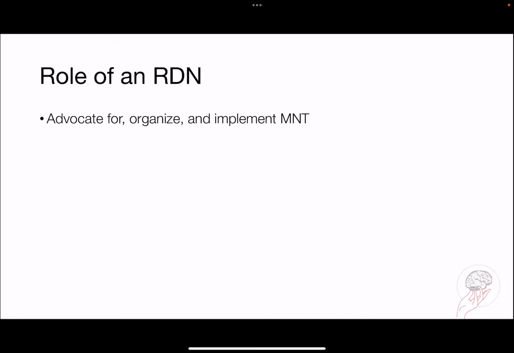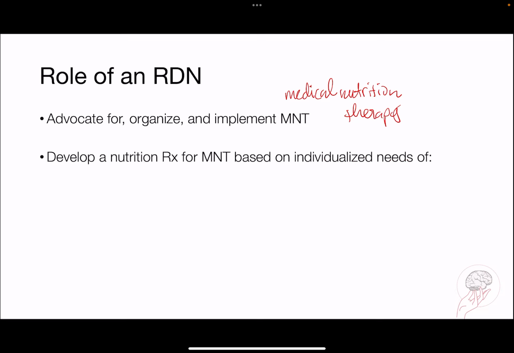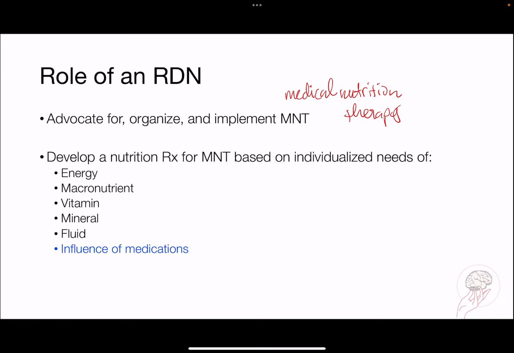Your role as an RDN is to advocate for, organize, and implement medical nutrition therapy. It's also your role to develop a nutrition prescription for medical nutrition therapy based on the individualized needs on energy, macronutrient content, vitamin and mineral content, fluid content, and importantly, the influence of potential medications.